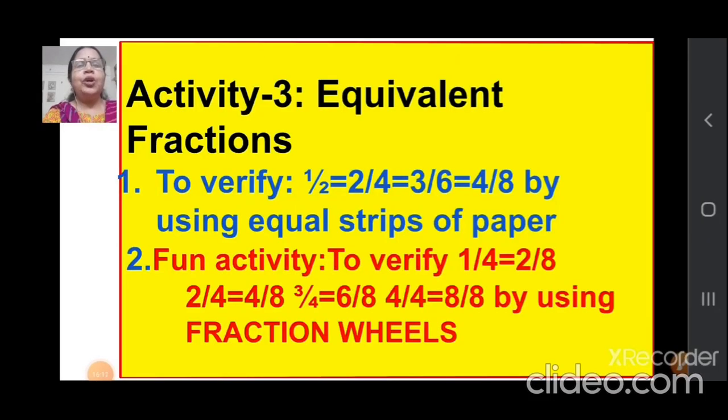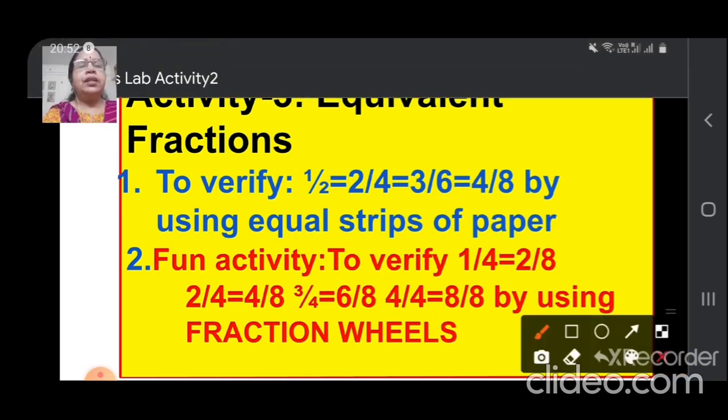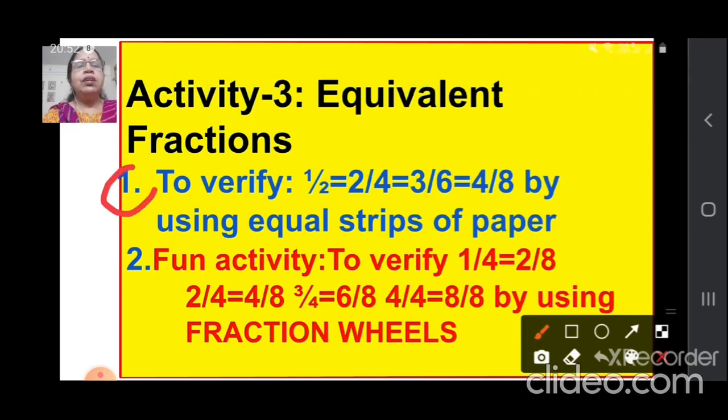You understood how to perform the activity by watching this video. Now one more important thing I want to mention here, that it's only the first part of the activity, that means this one, for which we will write the aim, procedure, observation, learning outcome, etc. For the second part of the activity, no need to write the procedure, etc. because the second part is a fun activity.